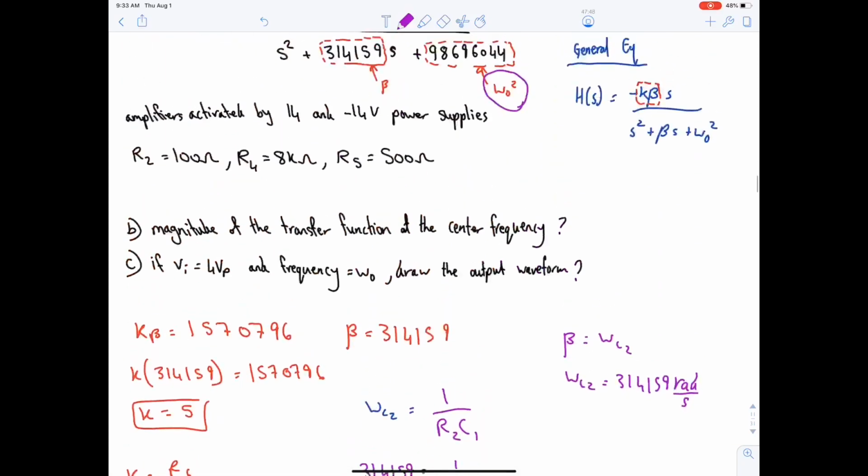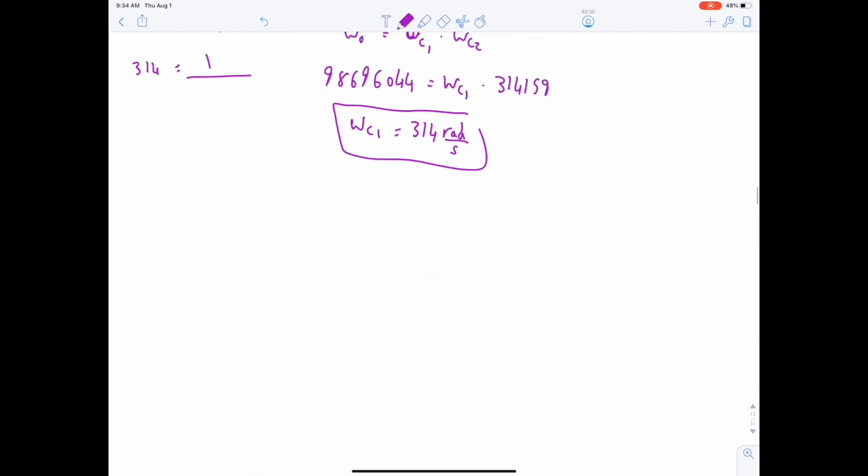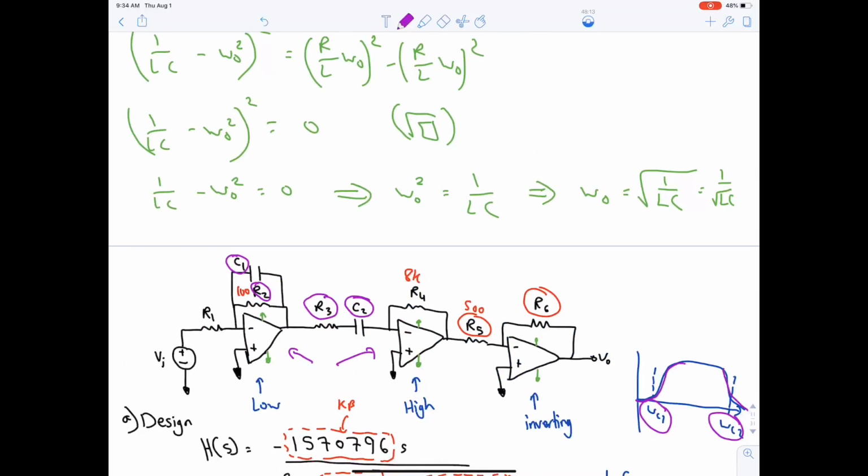But let's think now. If gain is 5 and it's for inverting, what is the gain for the low and what is the gain for the high? It's a unity gain, right? The gain is 1. So we will say that K for high is 1 and K for low is also 1. But K for high is R4 over R3.